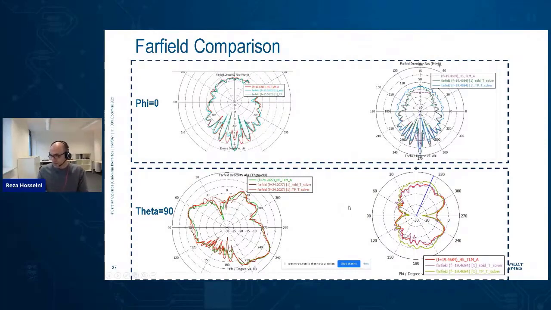So here is the far field comparison. Basically the same result as the previous one we showed for the electric field, but here we're showing it in far field mode. We can see that there are certain discrepancies between the three methods.